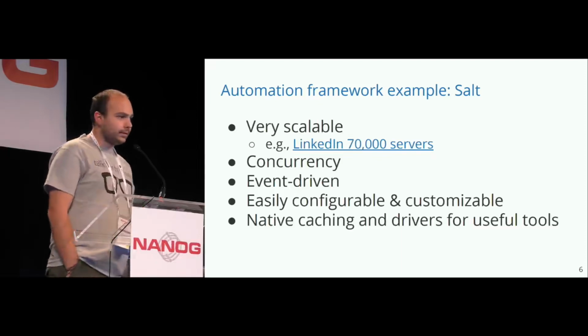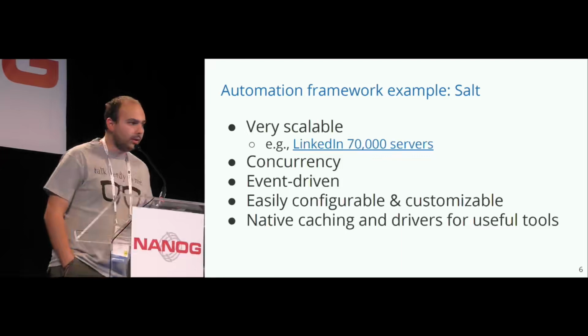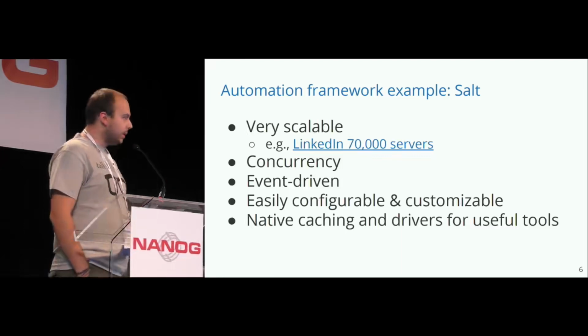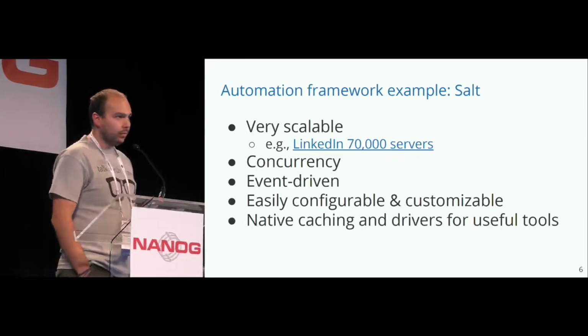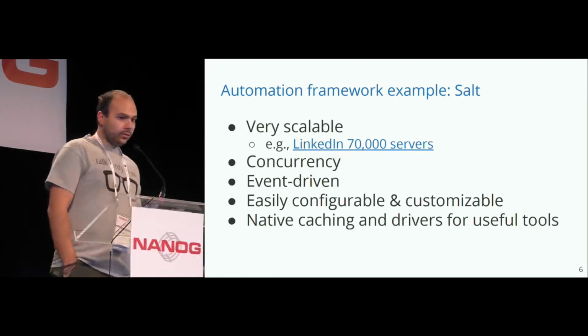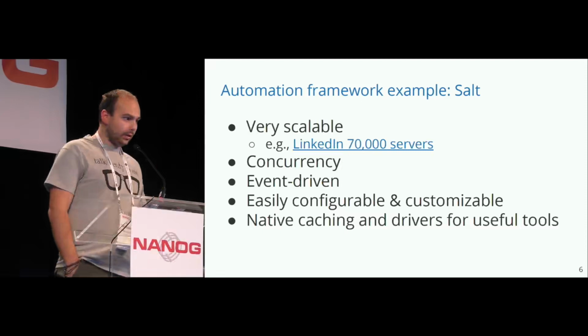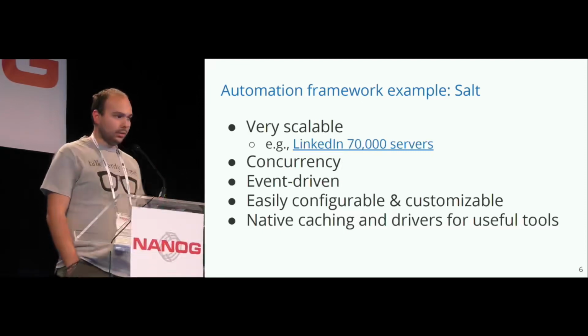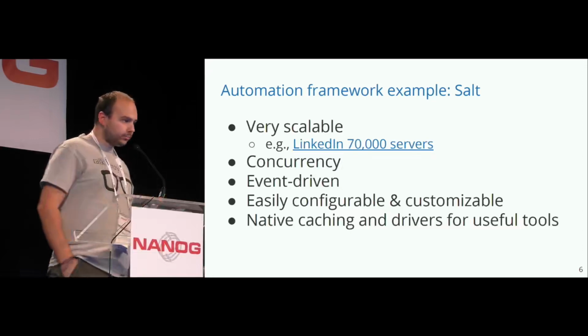But I've never seen such a big network. So basically, if we apply the same methodologies, we'll be able to automate any kind of network. It's very good for its concurrency, so no matter how large your team is, you will be able to manage it and to access the resources at any time.